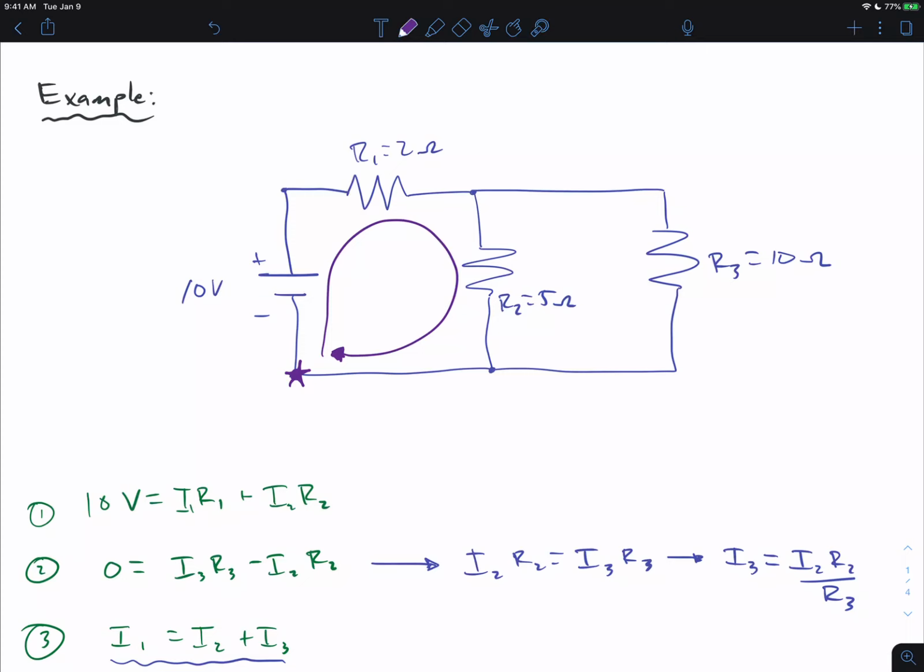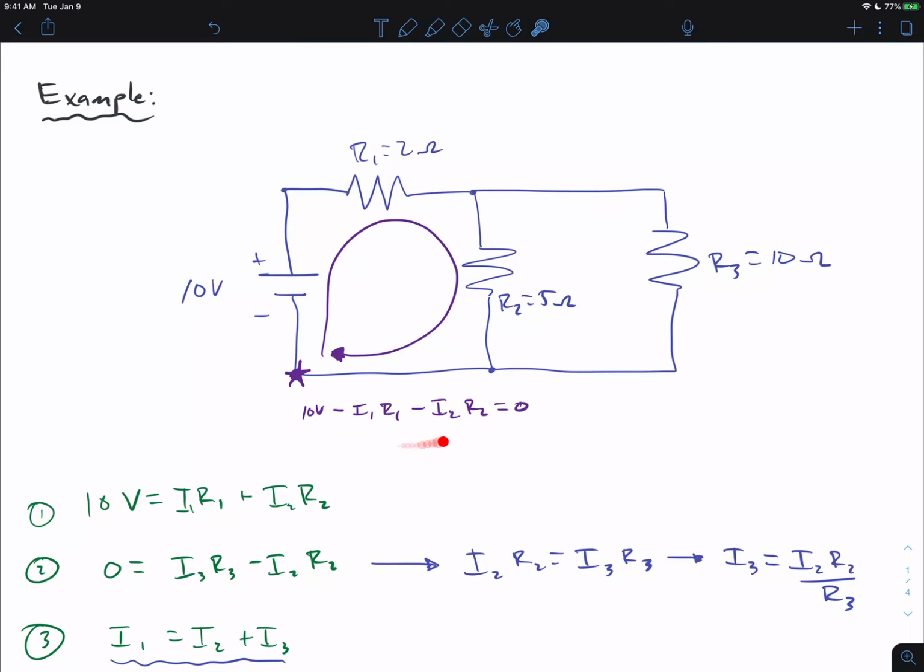So I have V, and I'll go ahead and put this as my 10 volts, minus I1 R1, minus I2 R2. This is equal to 0.